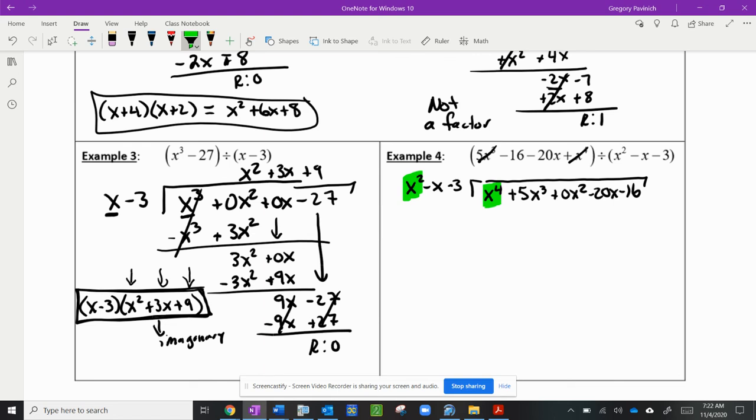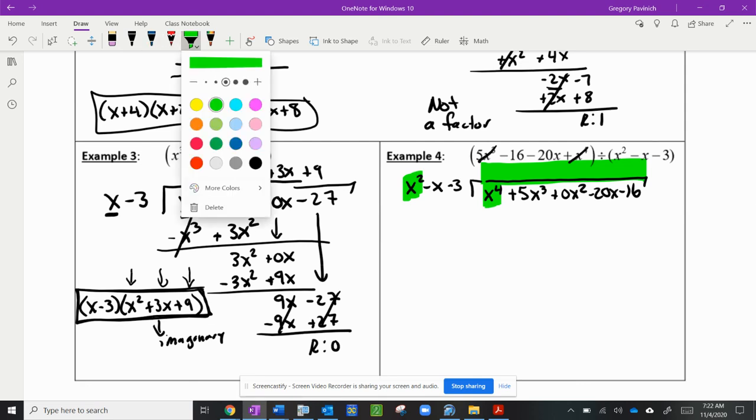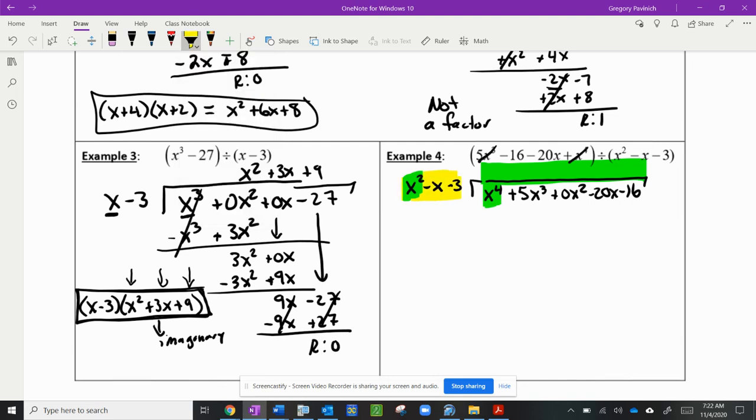So a fourth degree divided by a second degree, I'm going to be left with a second degree polynomial above. If I was like before, dividing by a linear, first degree divisor, then I would be outputting a third degree polynomial.